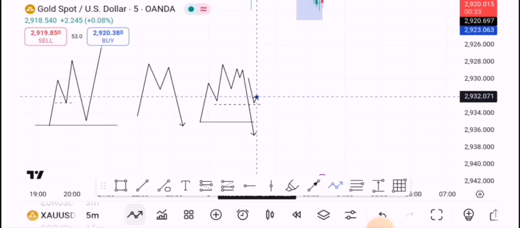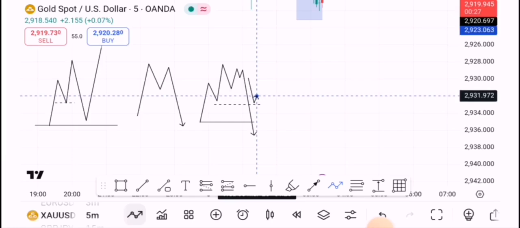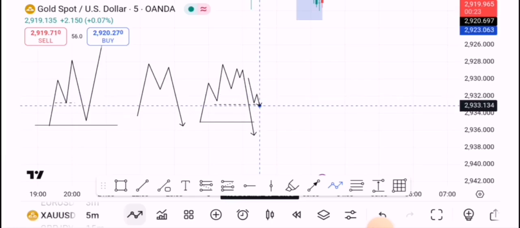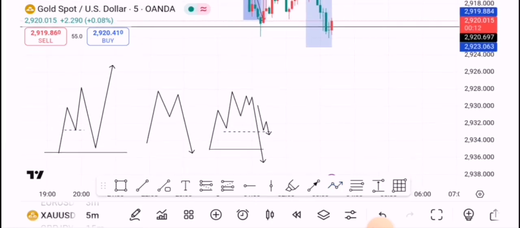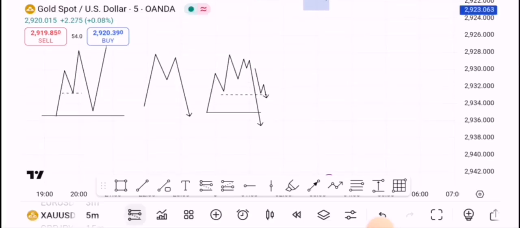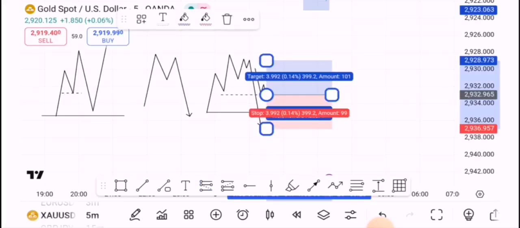It could be one, it could be two, or even if it's inside, let me say a red candle coming down, just one green candle, then I just put a line there. Just look at where this line is. Once the next red candle or another candle comes and breaks and closes above it, I take my entry, then I short. You understand? Just something like that. I take my entry there.